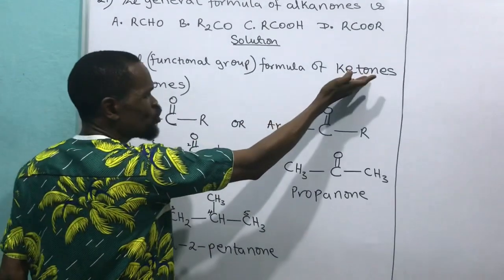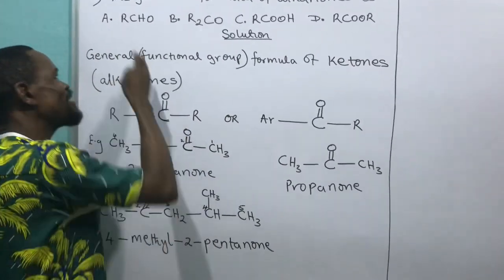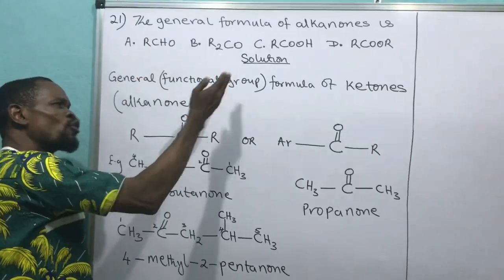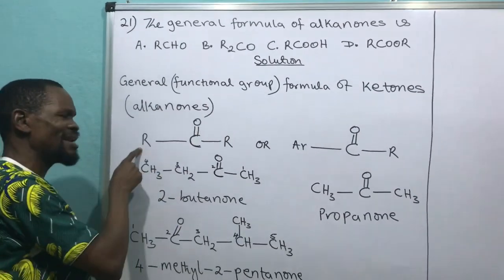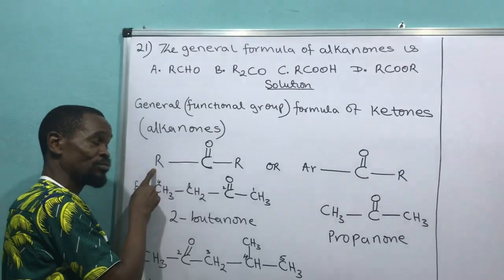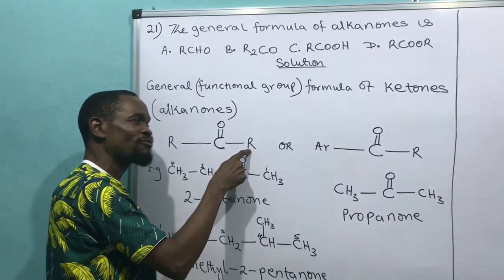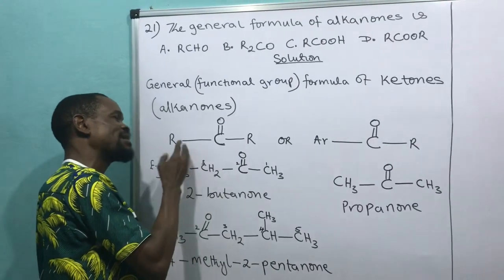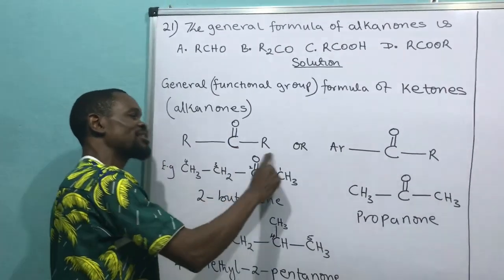We call it ketones, or alkanones. You look at this functional group. This stands for aliphatic, and this also stands for aliphatic. That means a straight chain here.